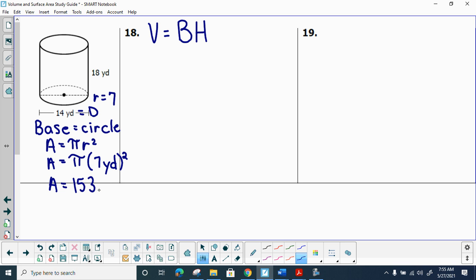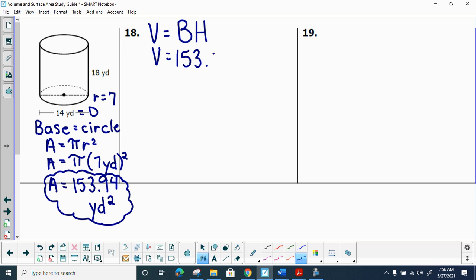So it's 153.94. If I want to go ahead and round it, we'll just go ahead and round it for right now. Yards squared. I'll come back, I'll need that later. All right. But I'm just going to let my calculator hang on to that whole decimal. Okay. So the area of our base is that long decimal.